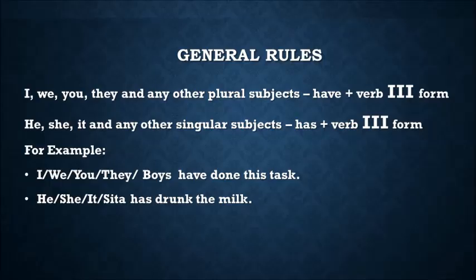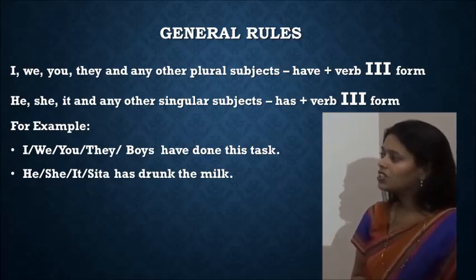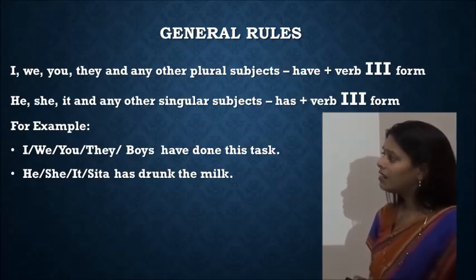I, we, you, they and any other plural subject will always take have plus the verb's third form. And he, she, it, any other singular subject will always take has plus the verb's third form. For example, I, we, you, they, boys have done this task, or he, she, it, Sita has drunk the milk.